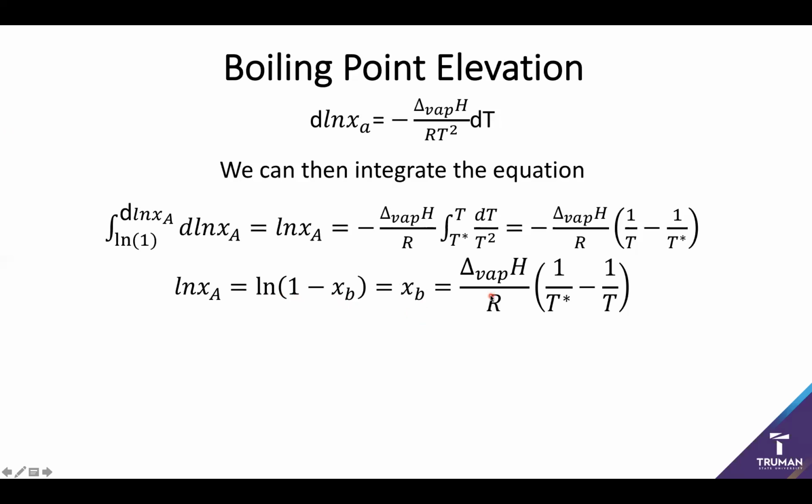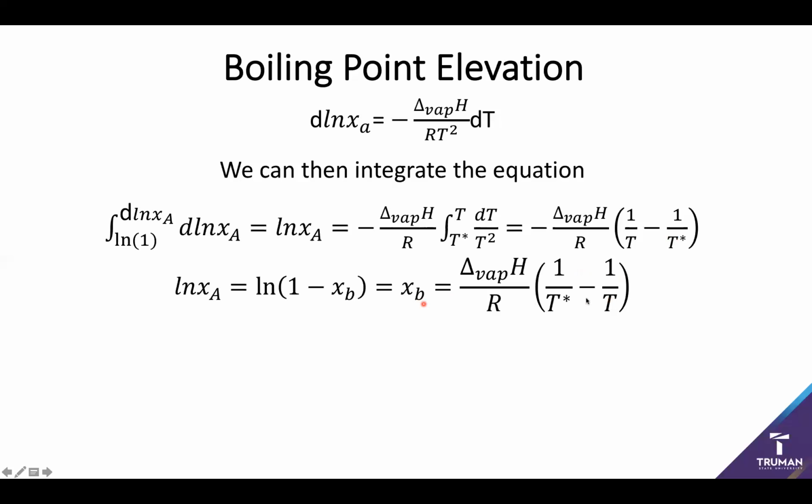And so we can then rearrange the right side by getting rid of the negative sign by moving the 1 over the new boiling point minus 1 over our pure solvent boiling point, minus 1 over our new boiling point conditions.